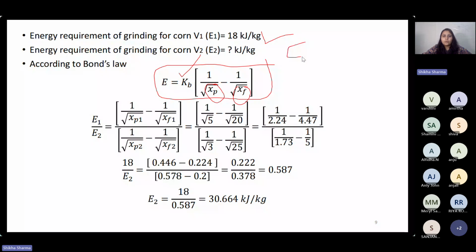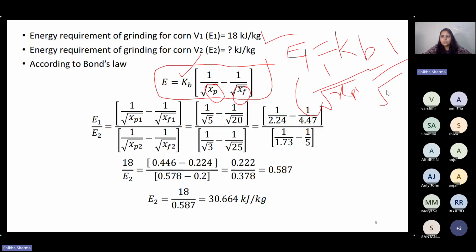Now we can write this for E1. E1 equals kb multiplied by 1 upon under root xp1 minus 1 upon under root xf1. Then we can write the same equation for E2.